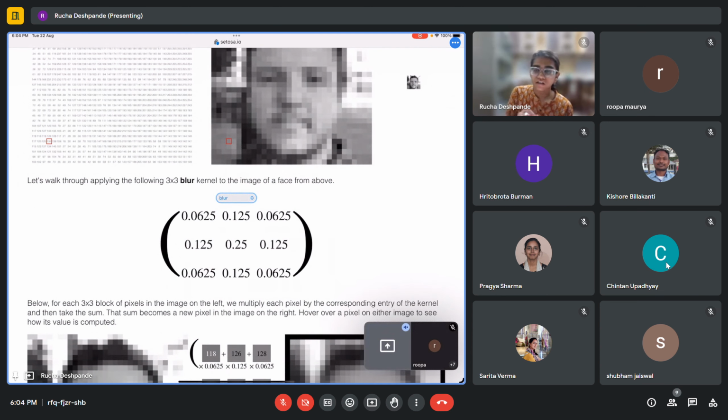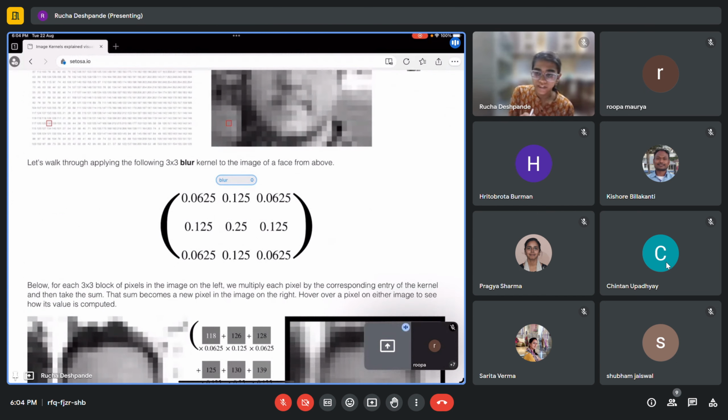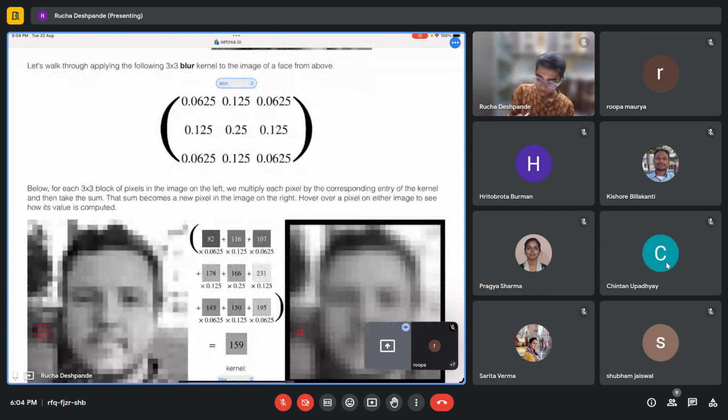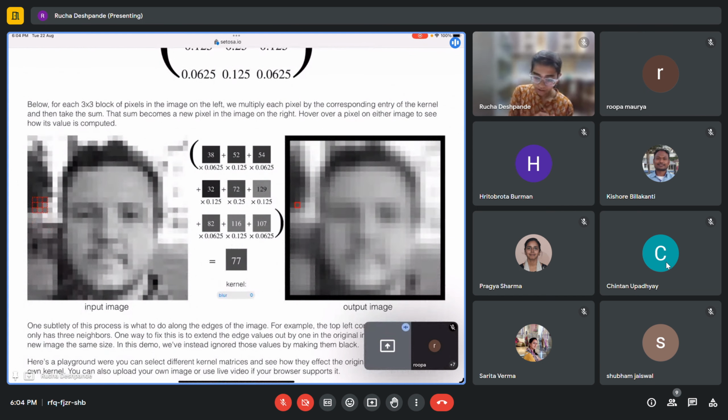Next, we can check the blur filter. Here the central pixel is given more weightage, and the adjacent pixels and the corner pixels are given respectively lower weightage. So let's see in this figure, for the central pixel, this is how the transformed image would look. We can move our filter to any part of the image and check how the transformed pixel would look.